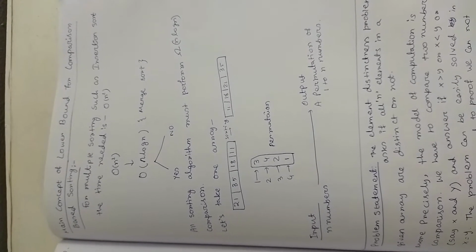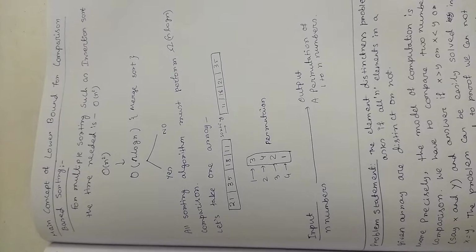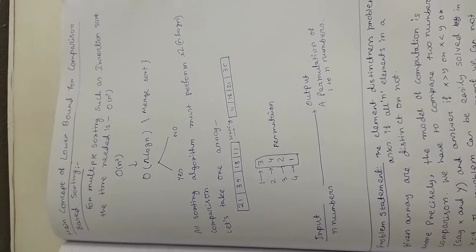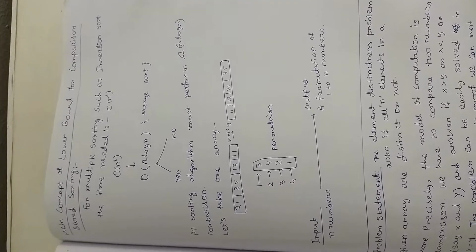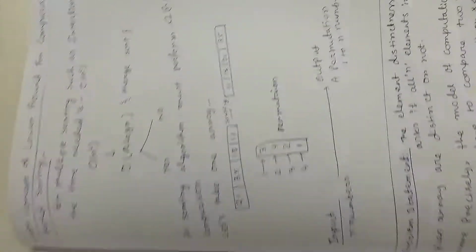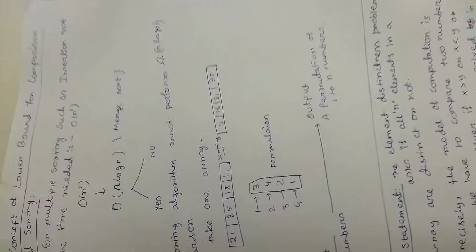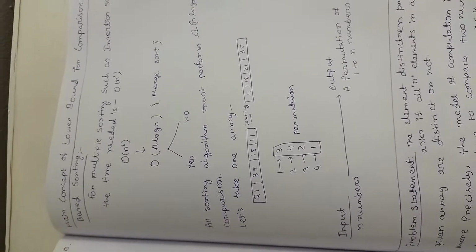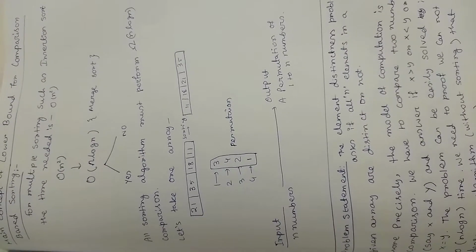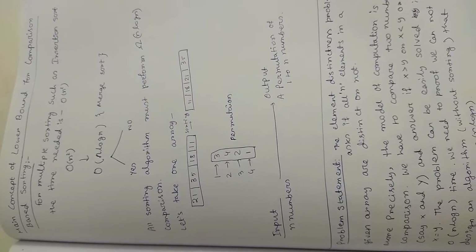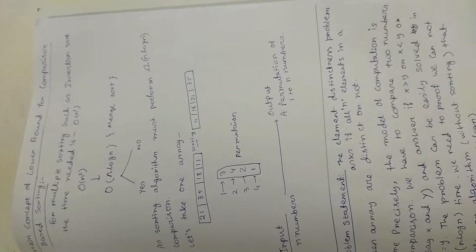Merge sort has that type of running time, so we can say the running time of merge sort is optimal. Here we just have to find whether order of n log n is the lower bound of the algorithm or not, like whether any new technique can go below that time.